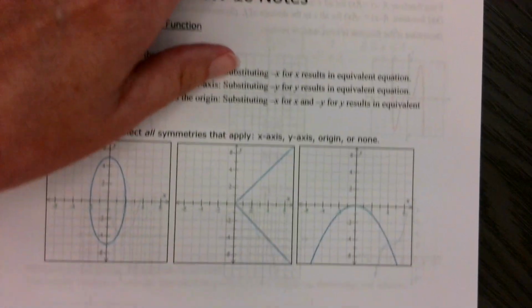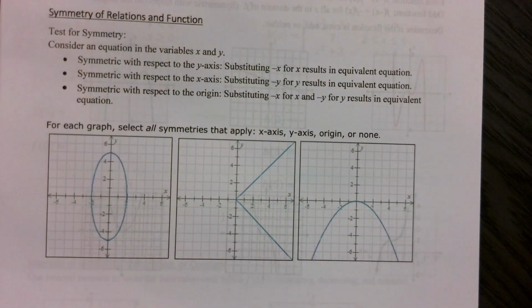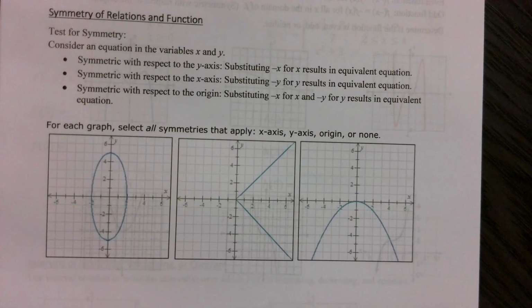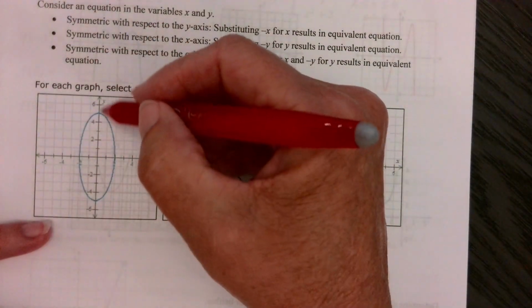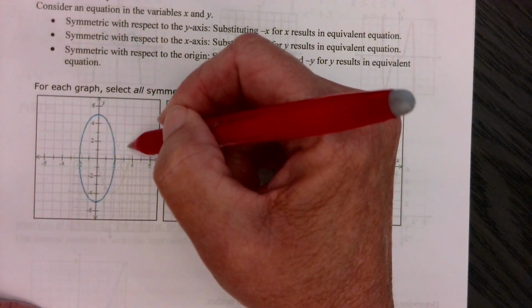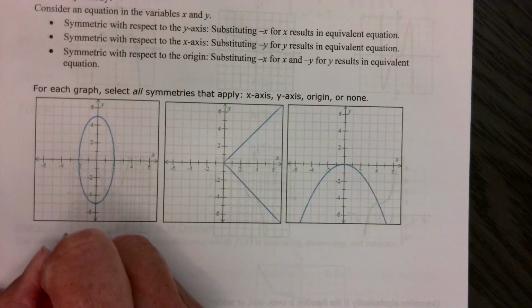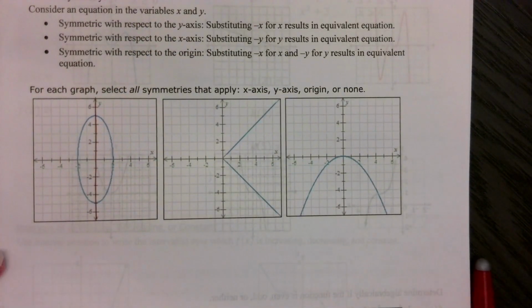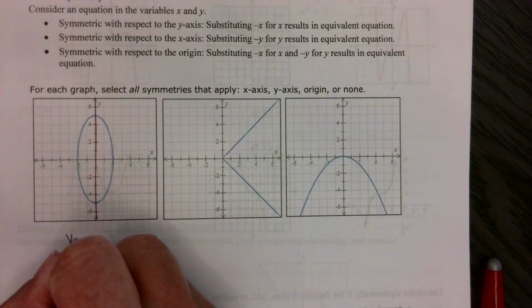Okay, so in these first problems, let's figure out which ones are symmetric to the y-axis. Here is the y-axis. The left mirrors the right. So this one is symmetric to the y-axis, because if I folded it on top of itself, it would be symmetric.